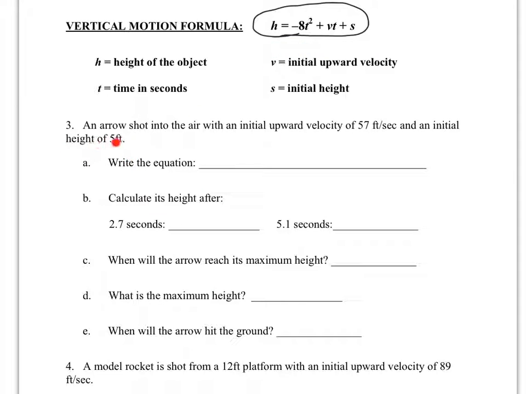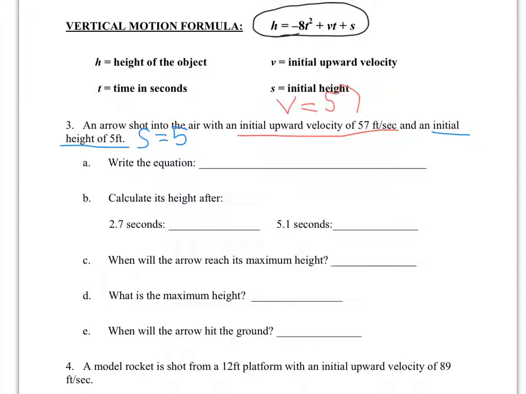So this formula represents anything being shot up in the air. Notice for number 1, an arrow is shot up into the air. Therefore, we can use this equation. We have an initial upward velocity of 57 feet per second, so v equals 57. And it says an initial height of 5 feet, so s equals 5.